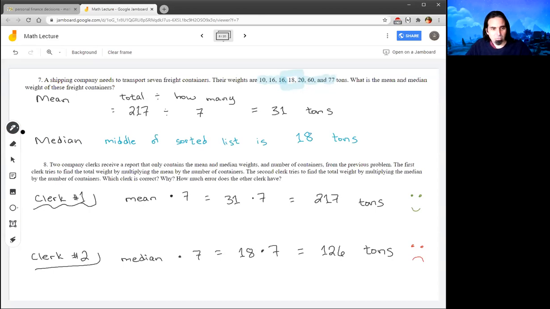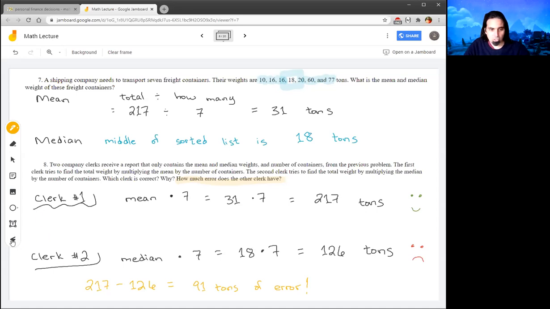We were also asked, we're not quite done, how much error does he have? So it looks like 91 tons if I'm doing my mental math right. What if the problem was different and said, what percent error does the other clerk have?